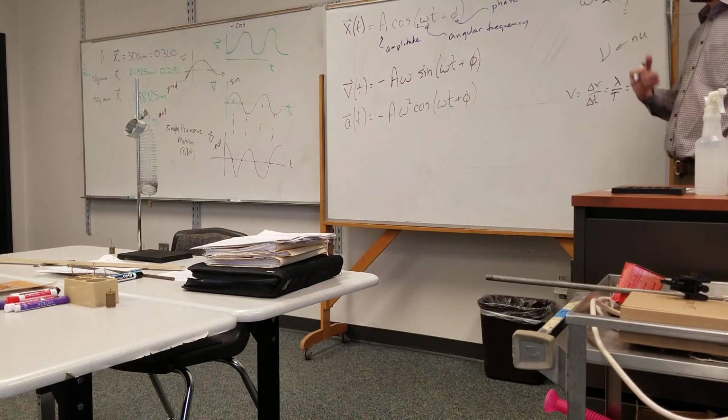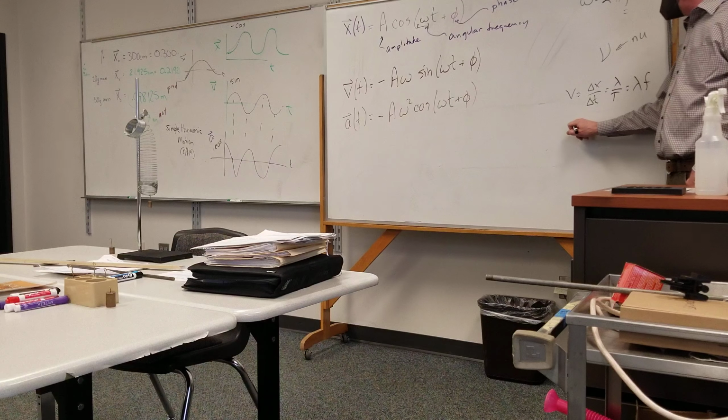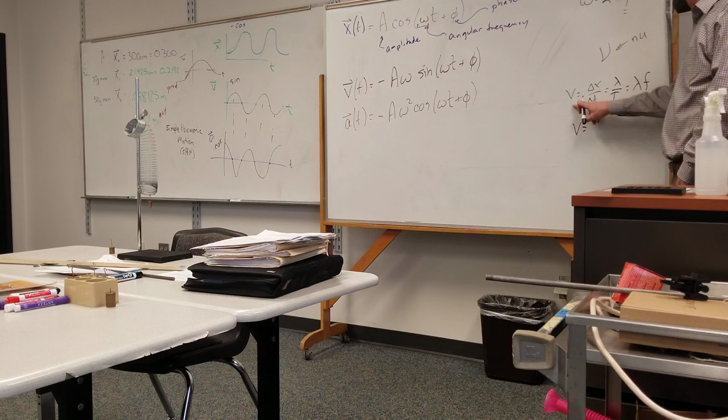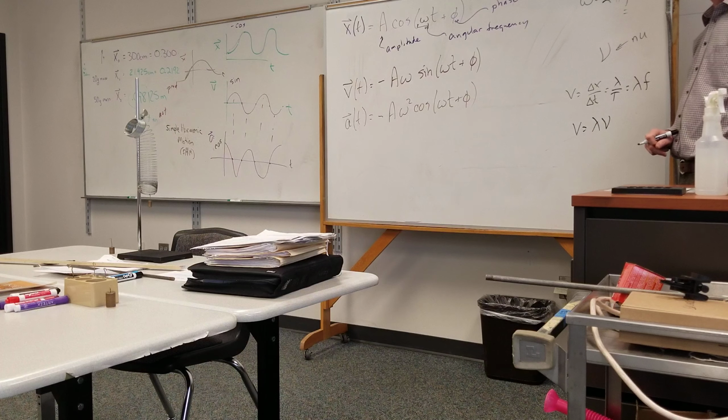This is for waves that are being propagated. This is an equation for the speed if I know wavelength and frequency. Unfortunately, in more advanced textbooks, they use this letter right here. So this equation of speed is wavelength times frequency would look like wavelength times nu.